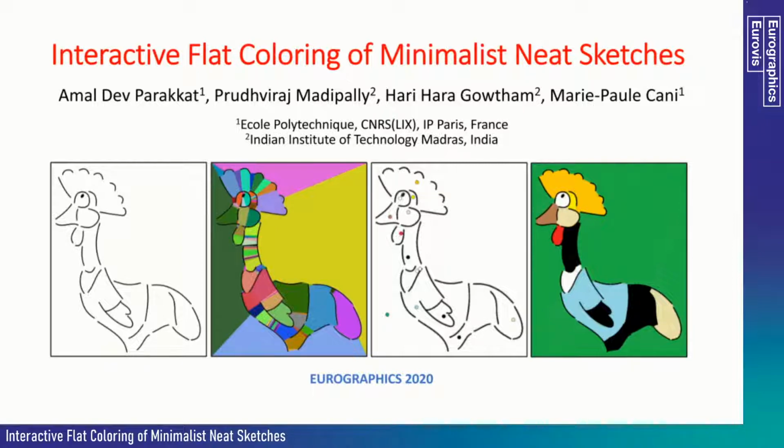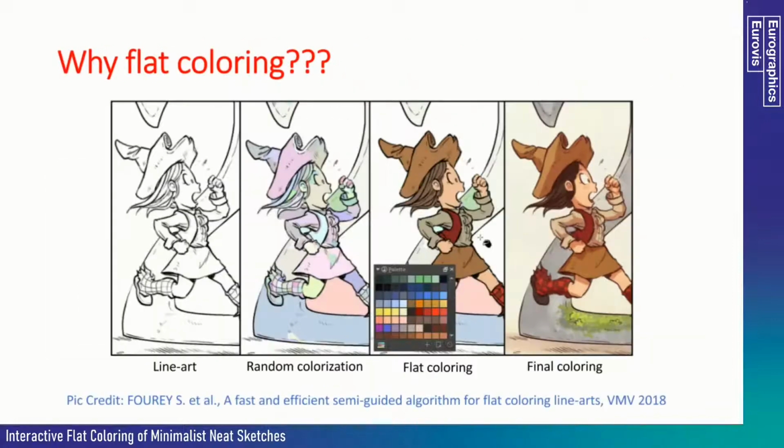We introduce interactive flat coloring of minimalist neat sketches, a simple framework for coloring sketches with gaps. Coloring of line art has mainly 2 steps. Firstly, applying a flat coloring and then adding extra information like shading and lighting.